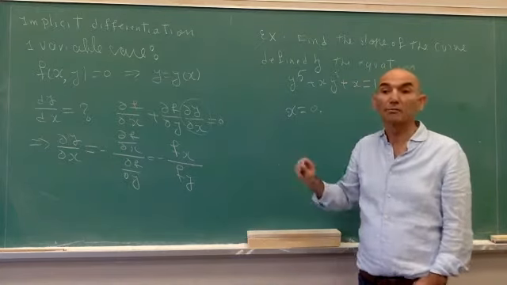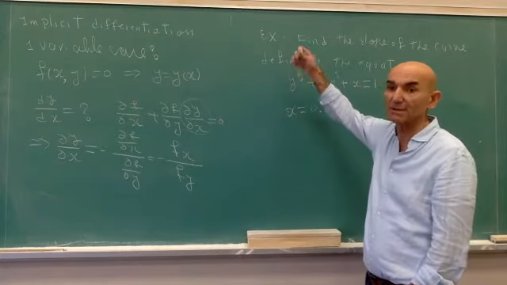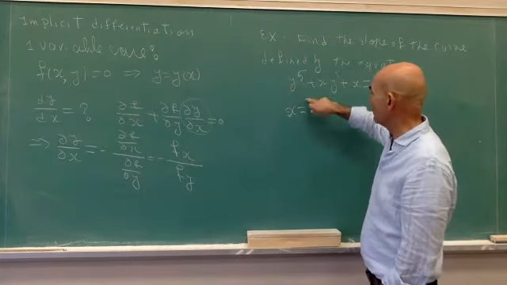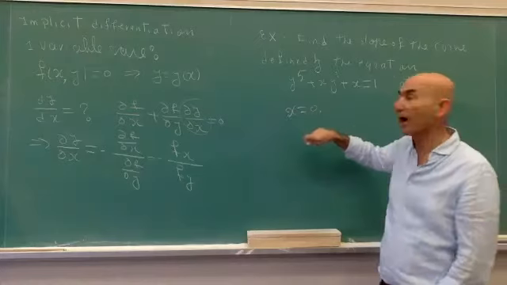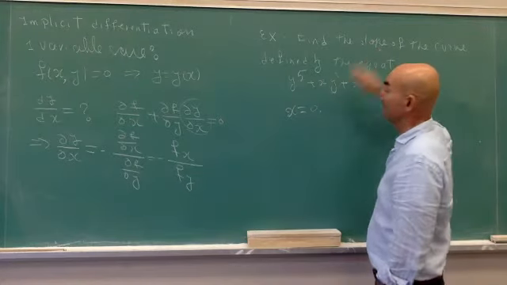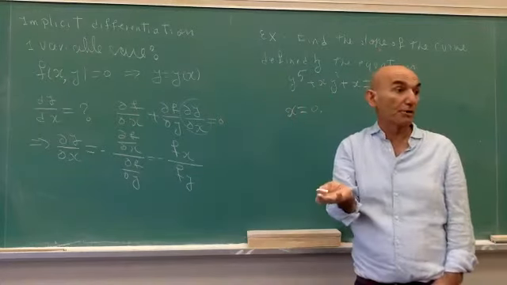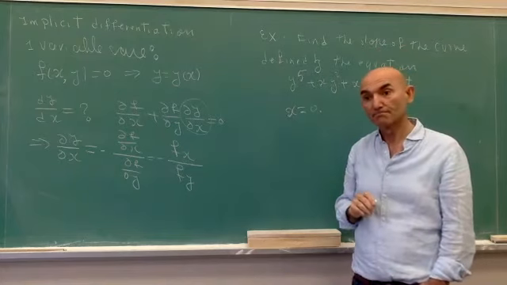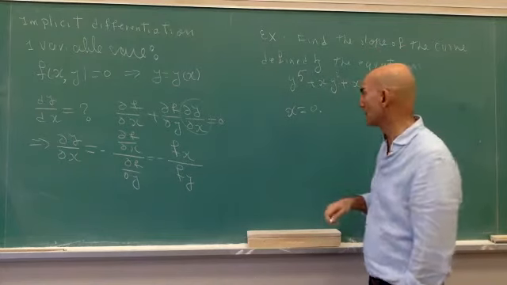But let's assume there is a solution. Once you have the solution, you're supposed to find the slope of this curve, meaning the derivative of the curve at that point. That's the meaning of this question.